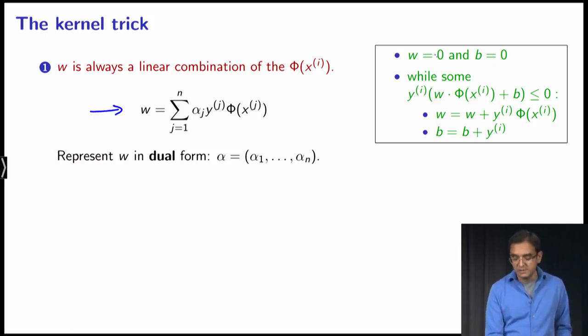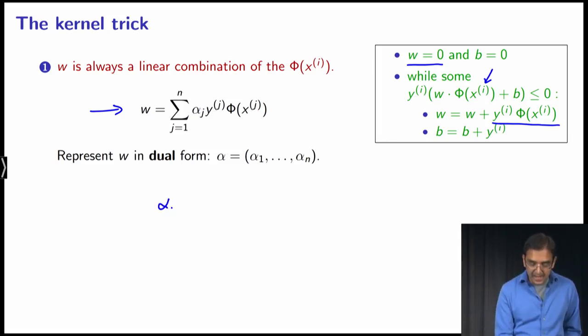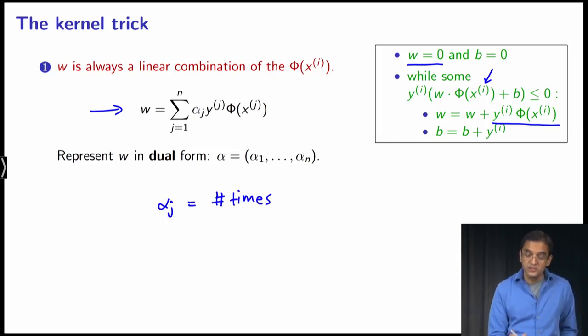You see, we start W at 0, and the only way we modify it is when we are updating on a specific point. And when we update on the ith point, what we do is we add yi, phi of xi, to w. So at any given time, w looks like this, where alpha j is exactly the number of times we have updated on the jth point.